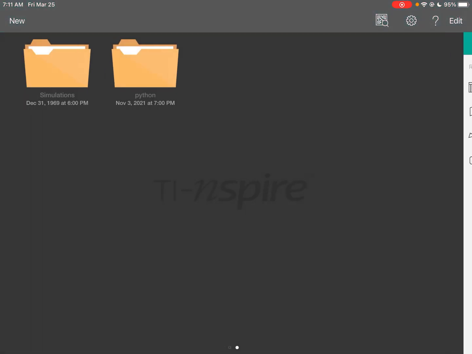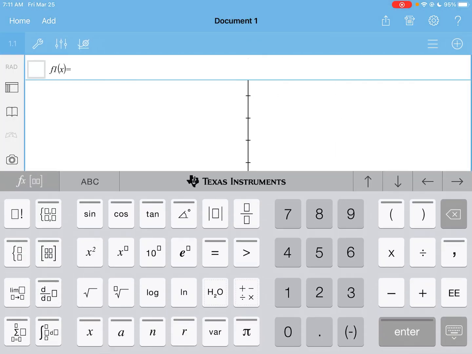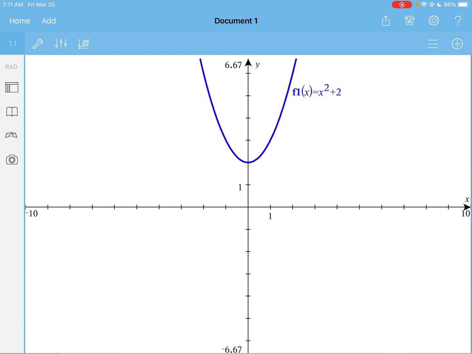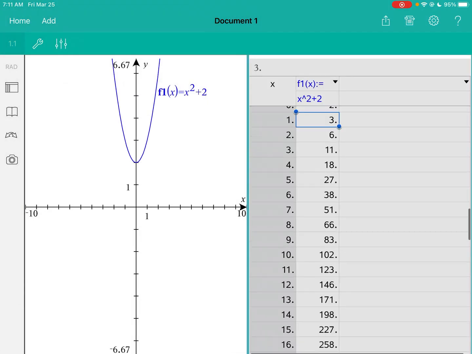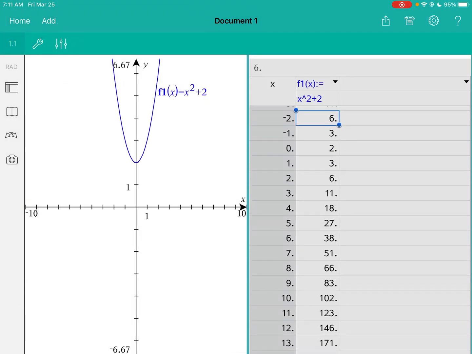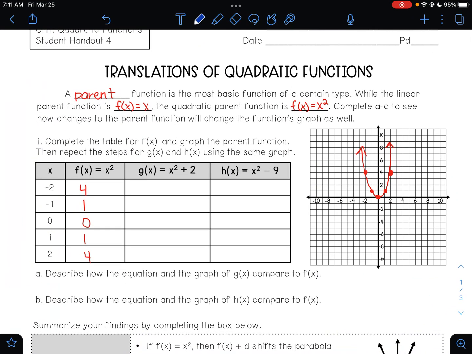So I'm going to start with a new graph. I have x squared plus 2. Enter. I am going to get my table, Control T, and again I want the same x values, -2 to +2, so I have 6, 3, 2, 3, 6. So now all I'm going to do is graph that function.